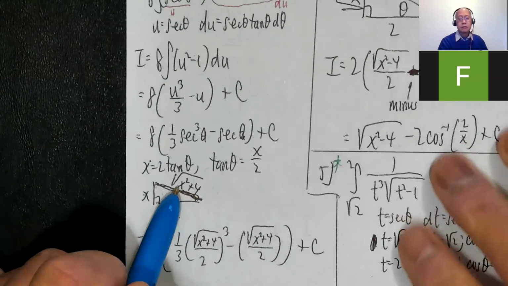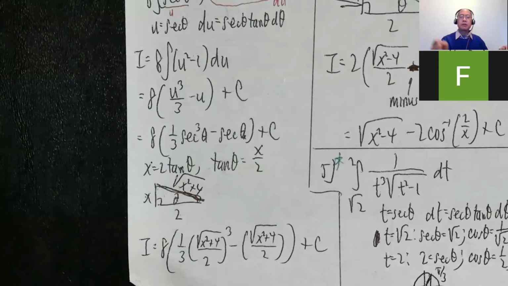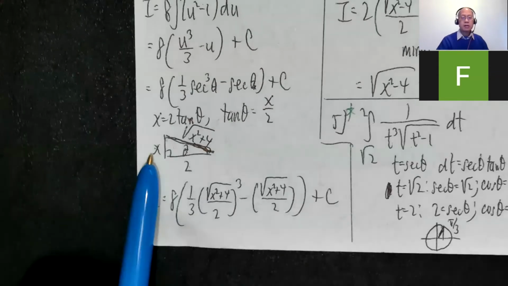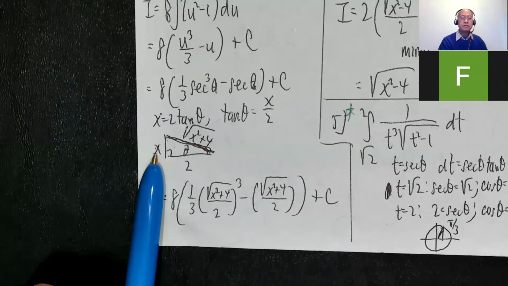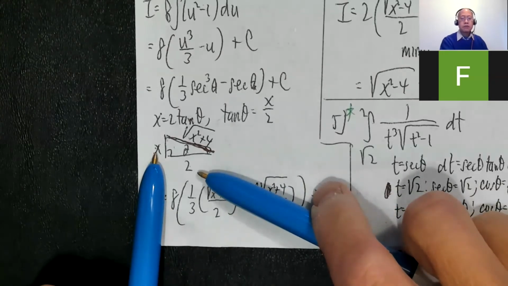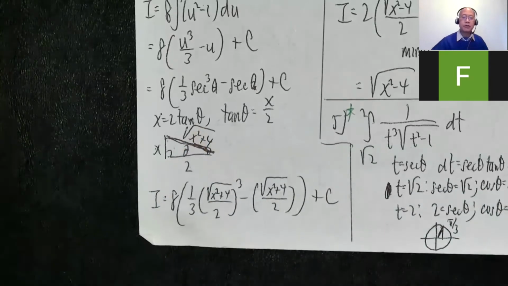Square root of x squared plus 4. I'm just going to put it. It's almost always right for these kind of problems. But double check. Is it true that a squared plus b squared equals c squared? What is this thing squared? x squared. What is this thing squared? 4. Add them up. x squared plus 4, which is equal to the square of this. So it definitely works.